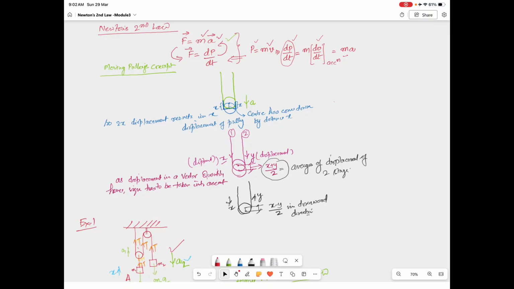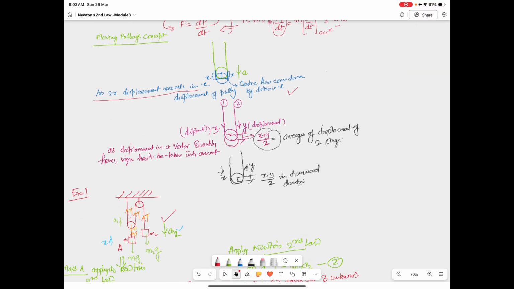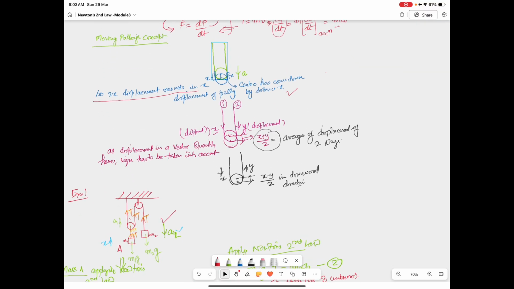Both sides of the string connected to the pulley will go down by an amount x. So if the center has come down by an amount x, there will be a 2x displacement of the string, which results in a displacement of x downward of the moving pulley. That is a very important concept.